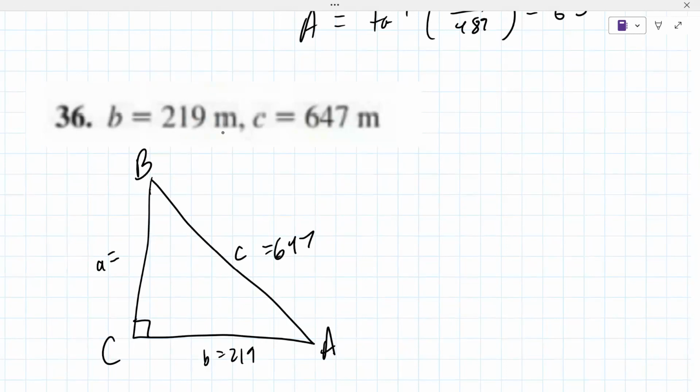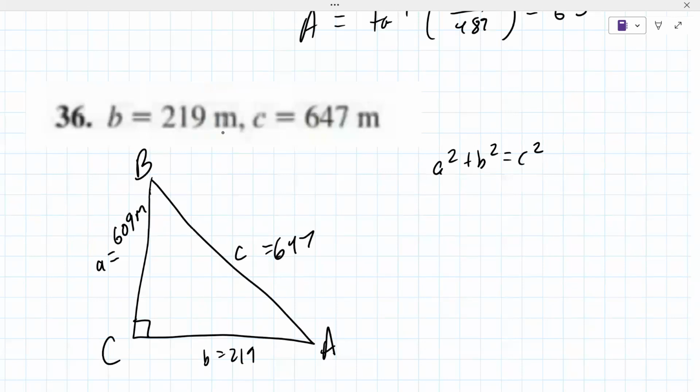So I would first find little a using the Pythagorean theorem. $608.8. Okay. So maybe 609 units.